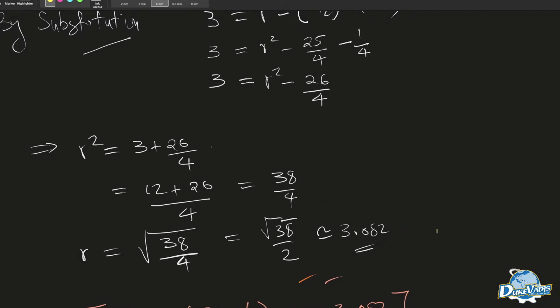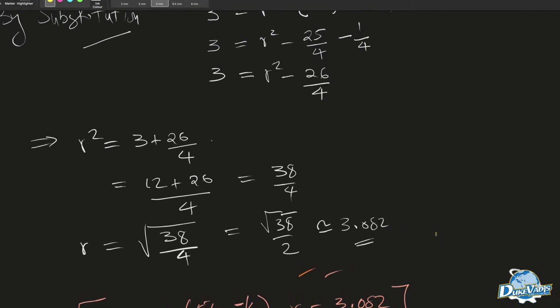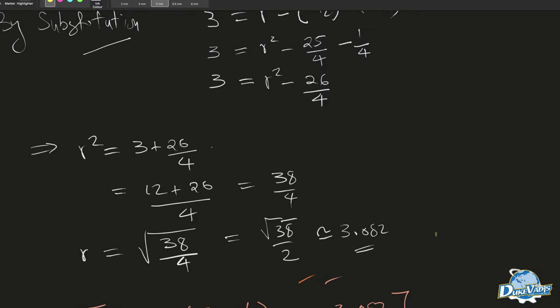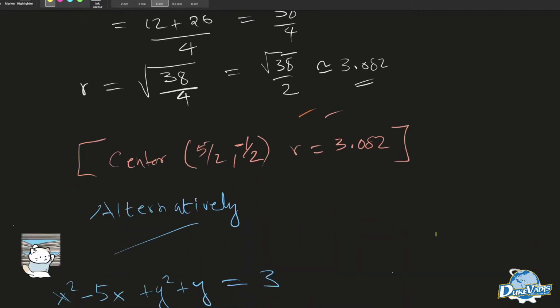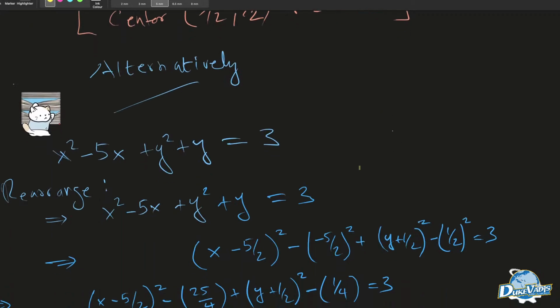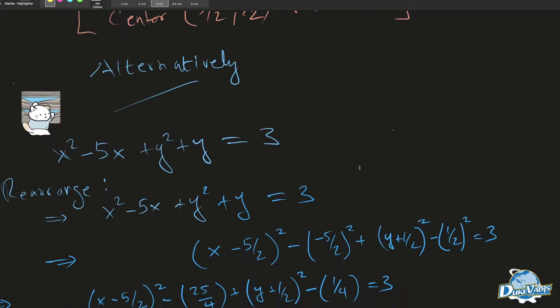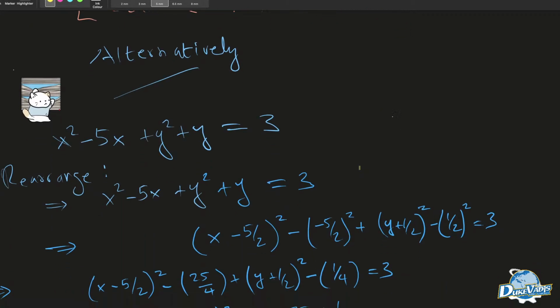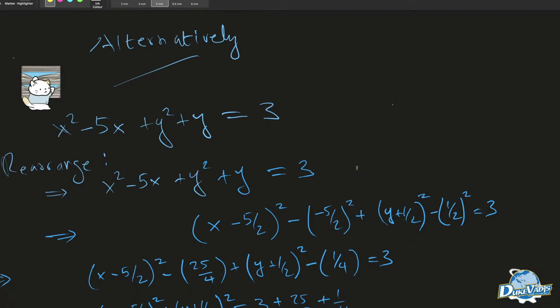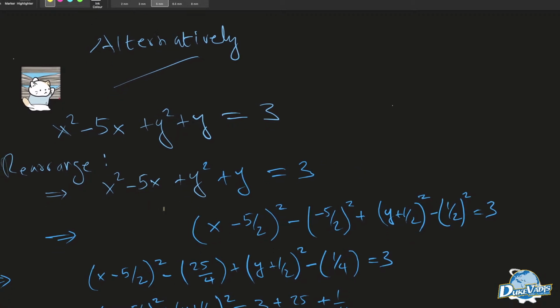All right, now let's see how we can solve this same question in a different manner. Alternatively, we have the same equation we have been given. All we have to do is use the method of completing the square. For this method, we divide 5 here by 2, and we say x minus 5 over 2 squared.